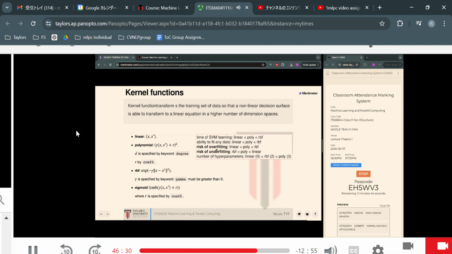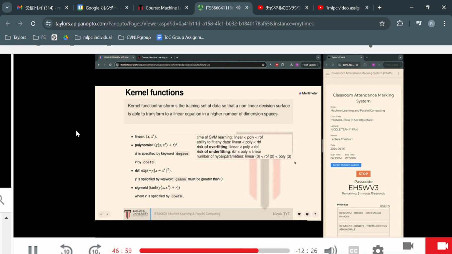Whereas for underfitting, it is just the opposite, so they are ranked in descending order. In terms of the number of hyperparameters that we are trying to tune, for the linear kernel function we have no hyperparameters to tune. Radial basis function, we have 2. And polynomial, we have 3 hyperparameters to fine-tune. Okay?